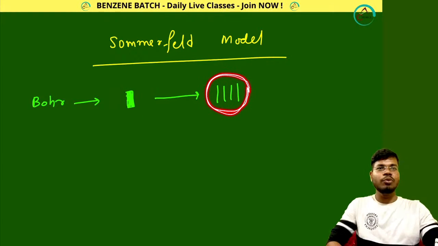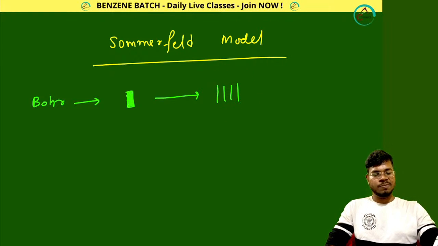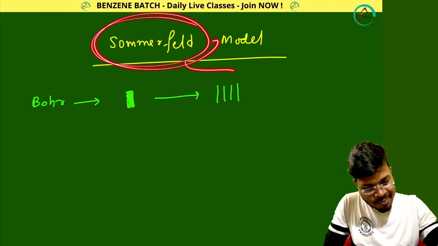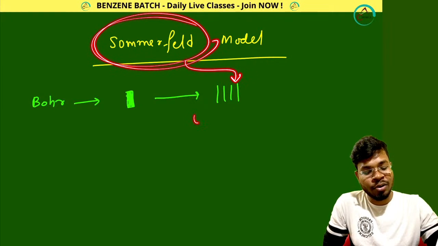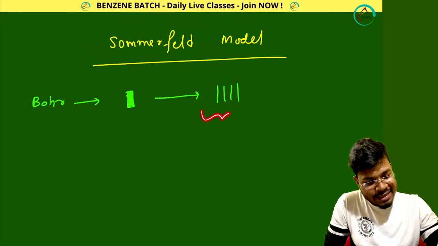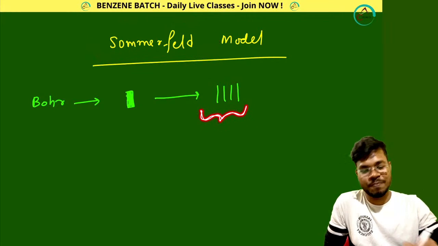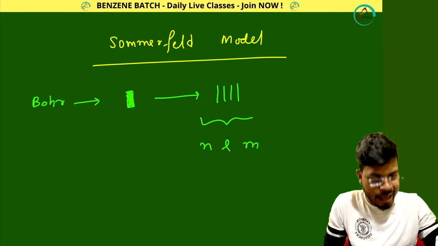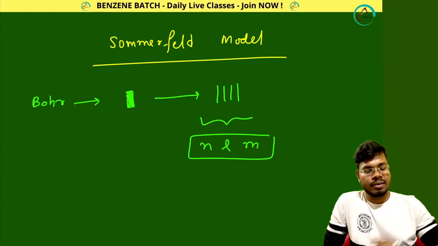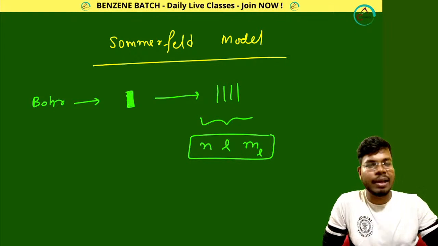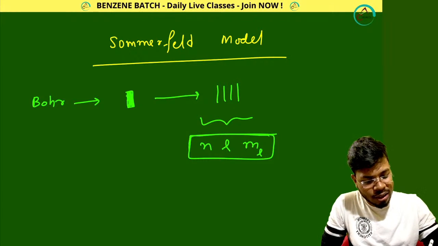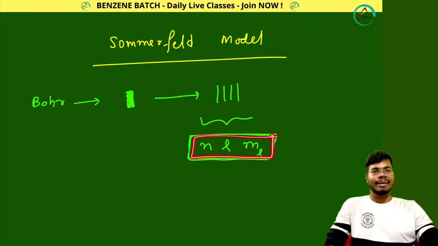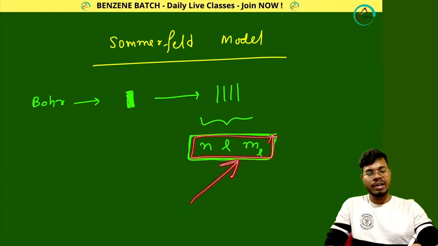But how the Sommerfeld model can explain the fine spectrum, that we will discuss. And when we discuss the fine spectrum concept, I will explain in great detail how the concept of these three quantum numbers, N, L, ML, comes about. That will be your next topic, the Sommerfeld atomic model.